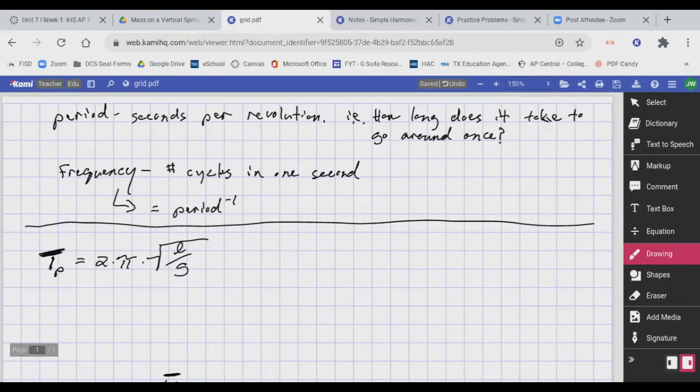L is equal to the length of the string, and g is equal to acceleration of gravity.